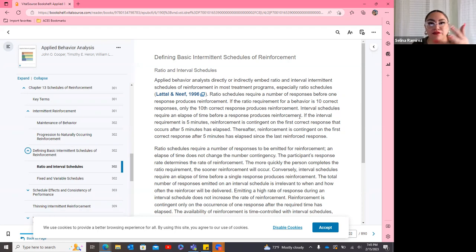So let's say an FI of 2 minutes. So a VI of 2 minutes, a varied interval schedule of 2 minutes. So just give him reinforcement on an average of 2. So you can reinforce him after every 1, after every 2, or after every 3, but just change it up every time so that he doesn't know, but it stays on an average of 2.